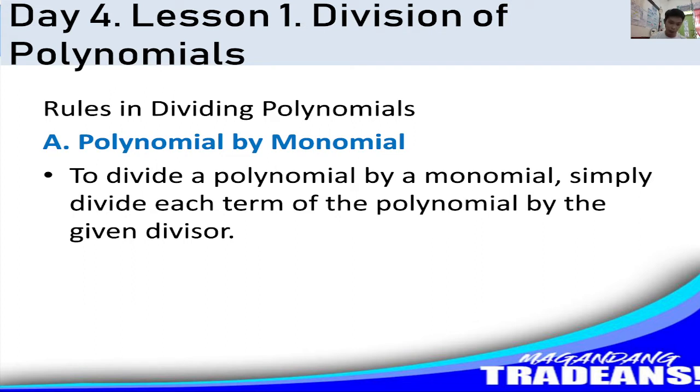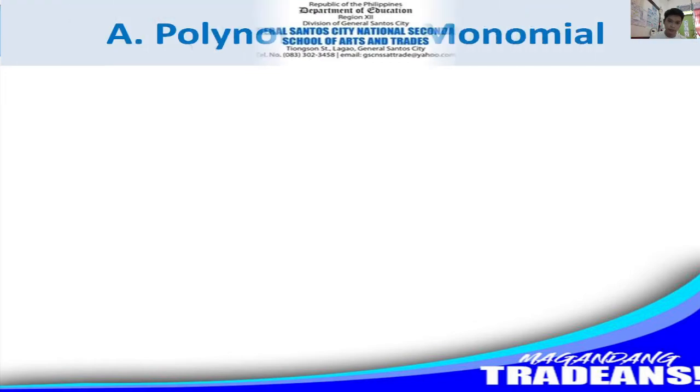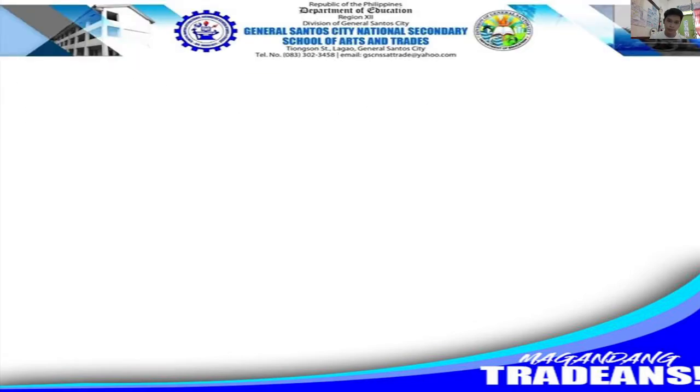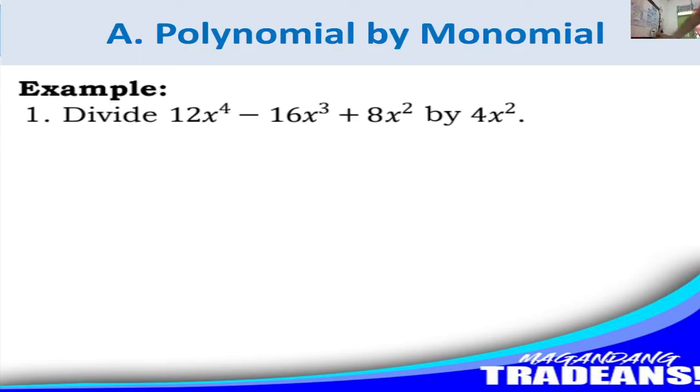Example. Okay, we have this given: 12x fourth minus 16x cubed plus 8x squared divided by 4x squared.